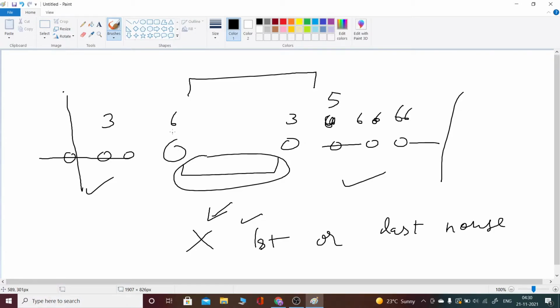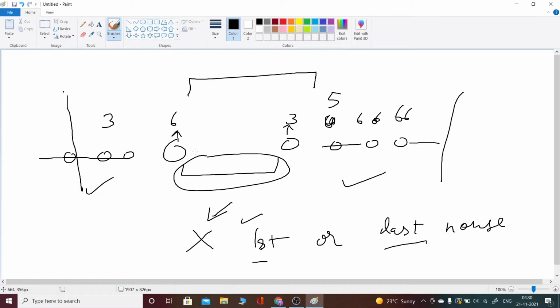Let's suppose this house color is 3, this house color is 6, and this house color is 3. You say this is the maximum distance, but what I have claimed is that the first or last house should always be included in the maximum distance.